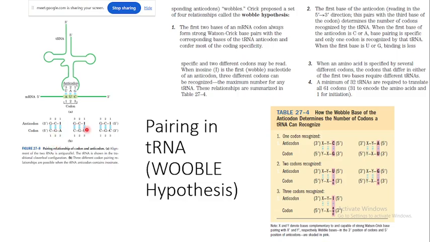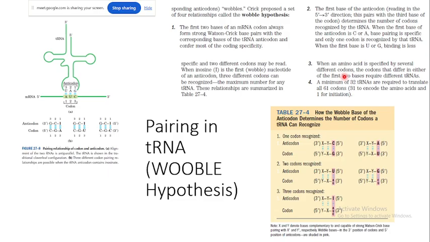For example, here the second and third nucleotides of the anticodon and the first and second nucleotides of the codon, this interaction is completely specific. But for the wobble nucleotide, it can recognize three, so it is not that specific, because it is recognizing A, U and C. So this is not specific.